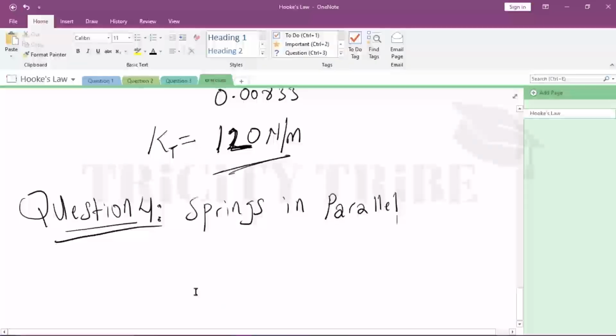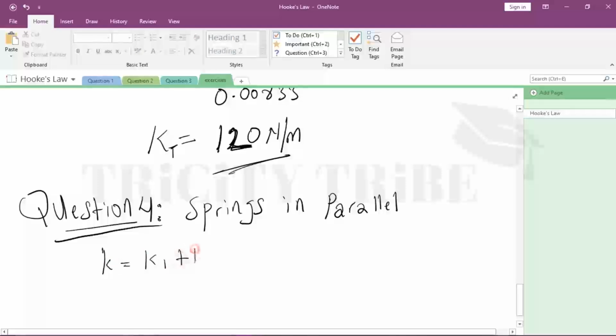Springs in parallel are calculated like this. Take notes: K equals K1 plus K2 for springs in parallel.